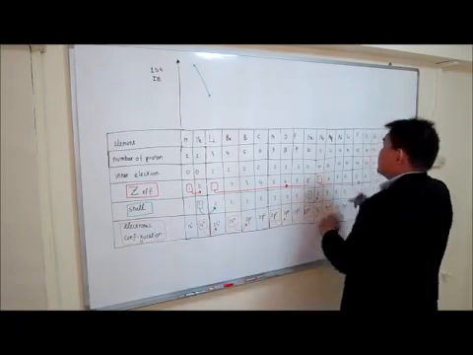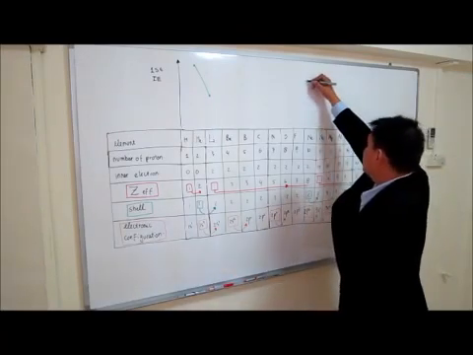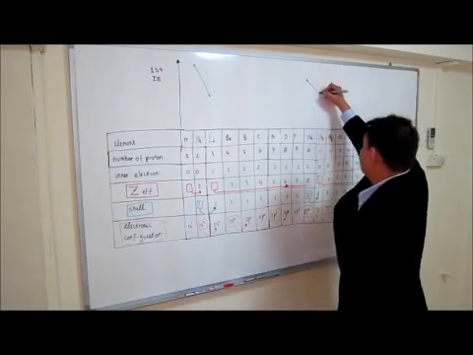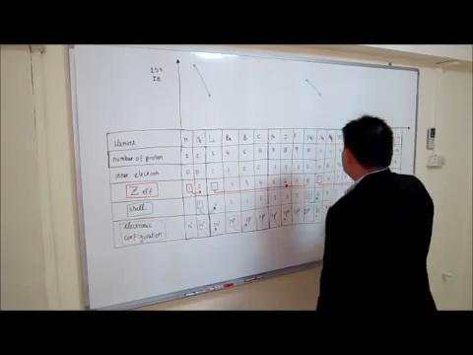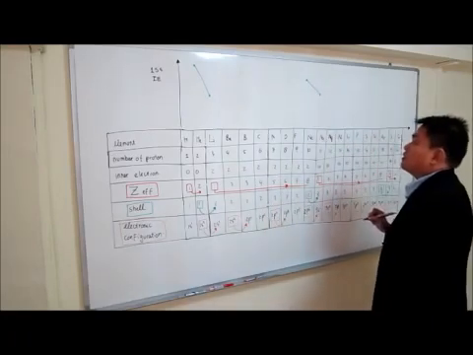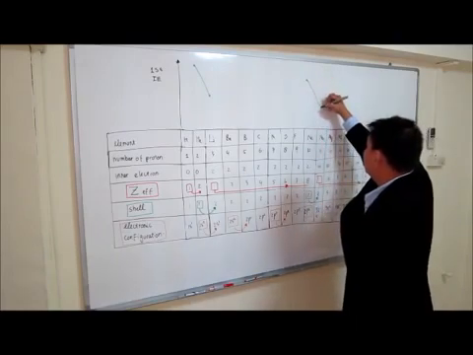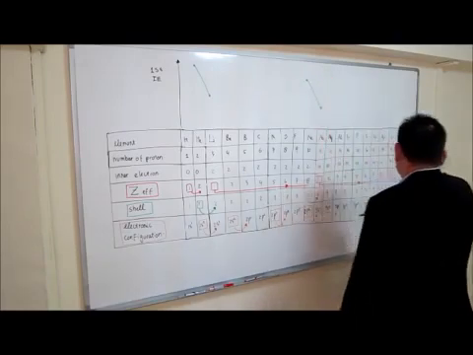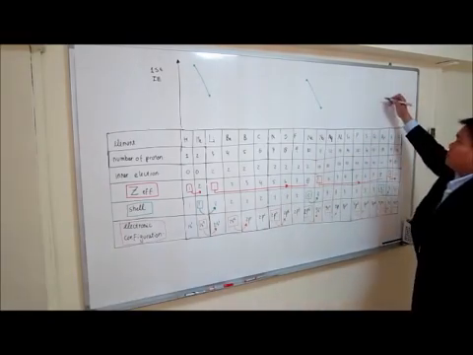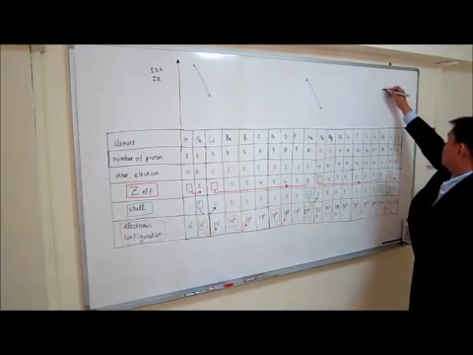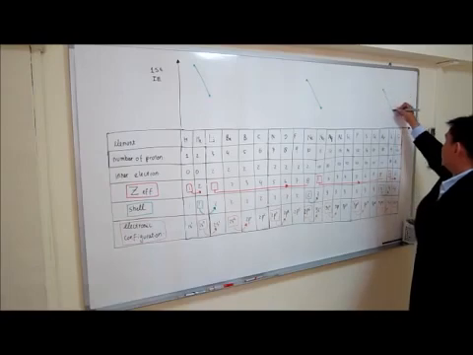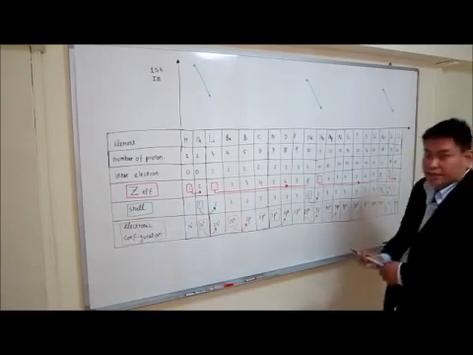From neon to sodium, there will be a significant decrease. It's supposed to be more significant. From argon to potassium, also there will be a significant decrease.